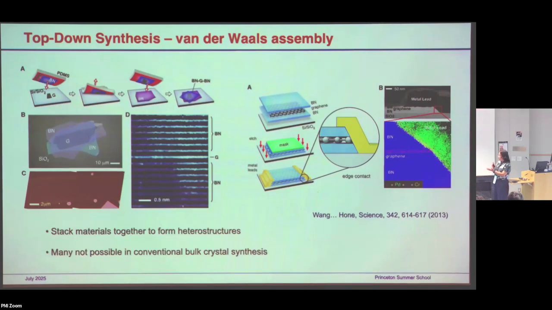When you try to grow one crystal on top of another, two different materials, so-called heterojunctions, those are usually confined. You are limited by many factors. For example, usually you need to have a lattice match. The lattice of the two materials cannot differ by too much.